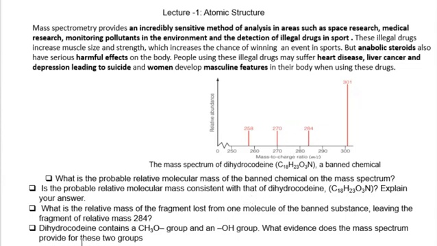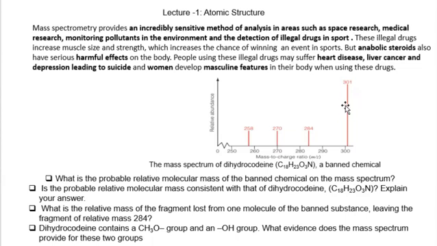Then the next question is, dihydrocodeinone contains a CH3O group and an OH group. What evidence does this mass spectrum provide for these two groups? We have already shown that the OH group has a relative mass of 17, and this one has relative mass 31. If we calculate carbon 12, hydrogen 3, oxygen 16, we get 31.